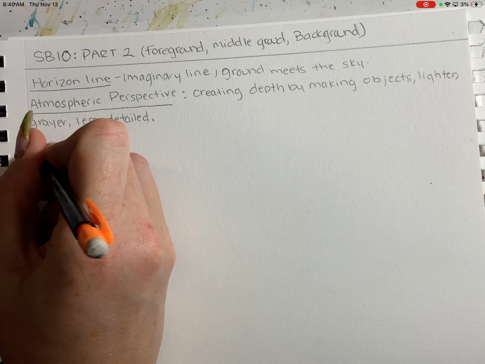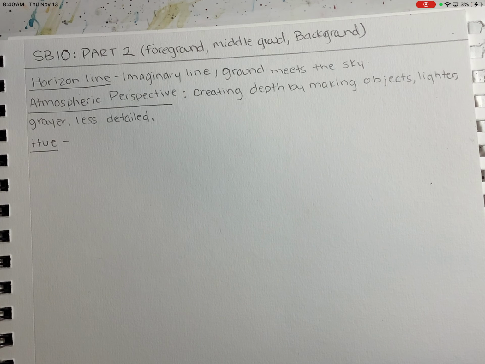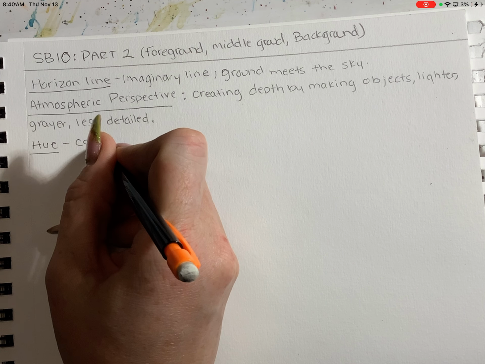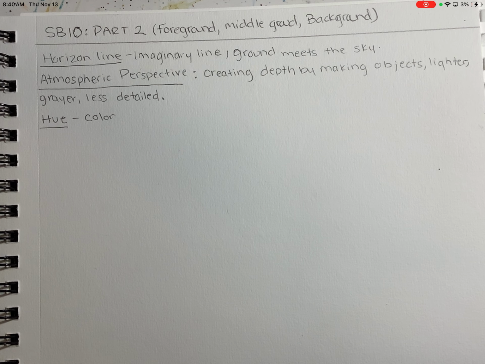Okay, hue. Who knows what hue means? Like a shade? You can make a shade out of a hue. Hues just means color. That's all it means. It's a fancy word for color. So if it looks kind of red, you'd say it's a red hue, right?